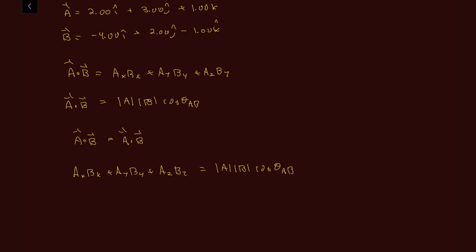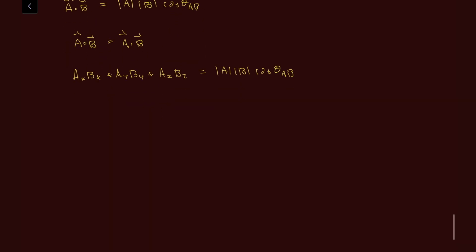And now what we need to do is get the angle by itself. So let's do that. You divide by the magnitudes of A times B on both sides, and you should get AX BX plus AY BY plus AZ BZ divided by the magnitudes.